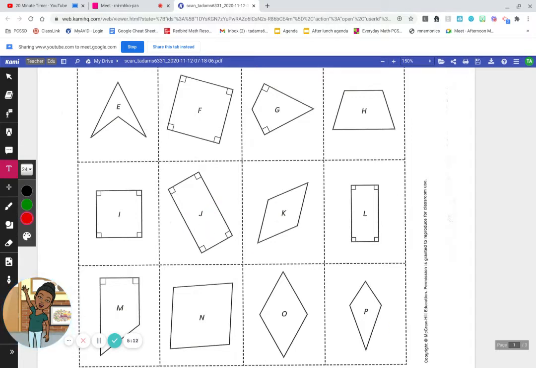Quadrilateral P. Yes. So when I say a quadrilateral and a letter, I'm talking about the letters on this particular handout.